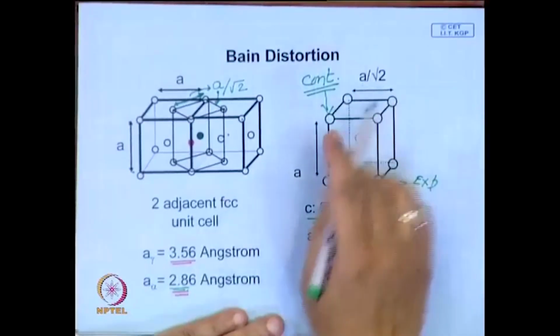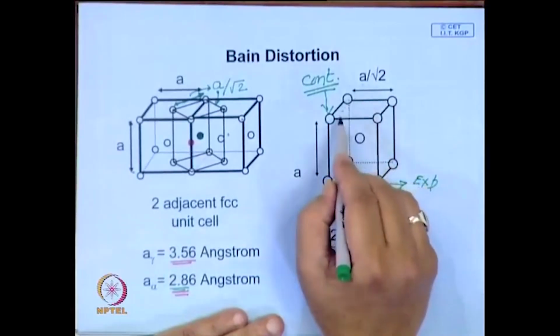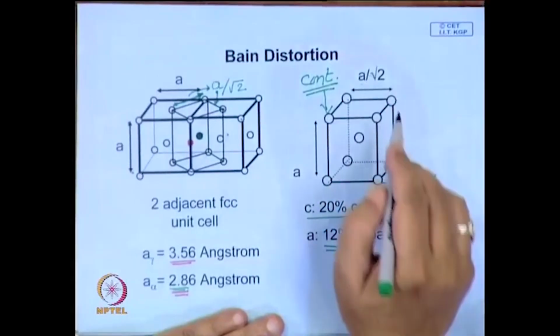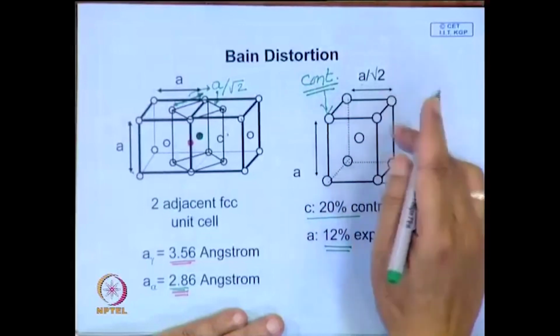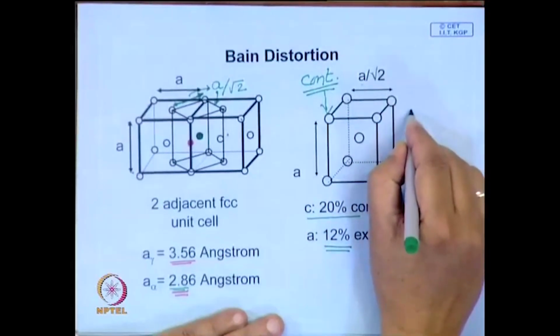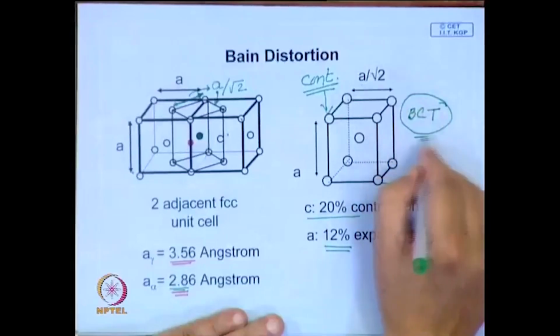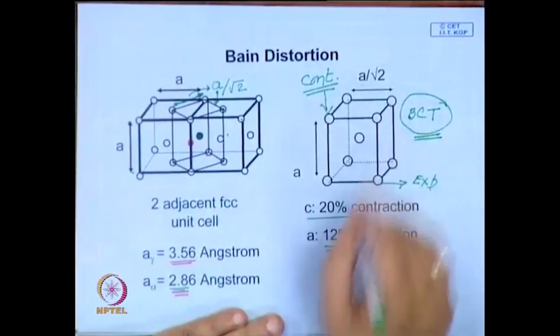And then these lattice parameters, this becomes equal to this, nearly equal. If you have a carbon atom, we will see later, if you have a high amount of carbon, then this lattice gets distorted, it is body centered tetragonal, but which is very close to this.